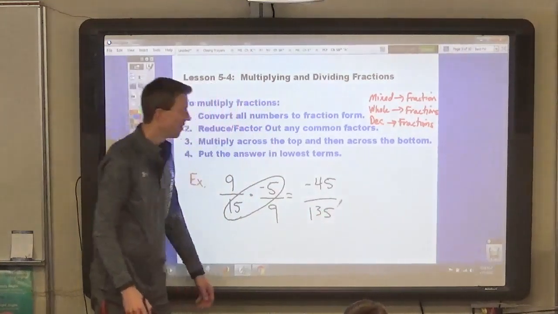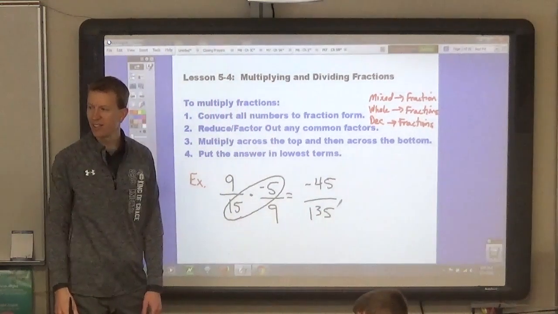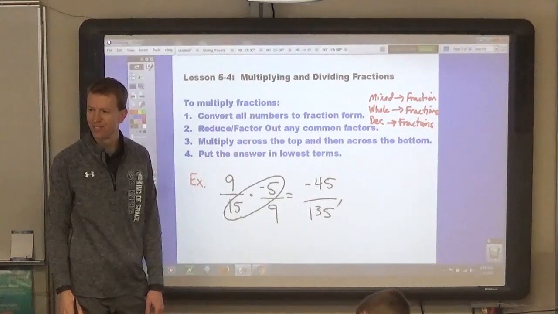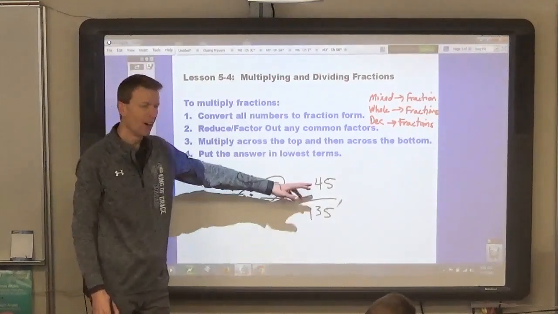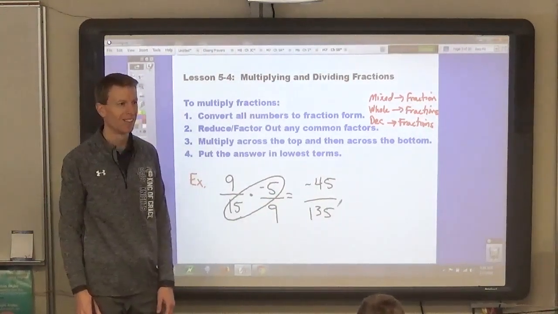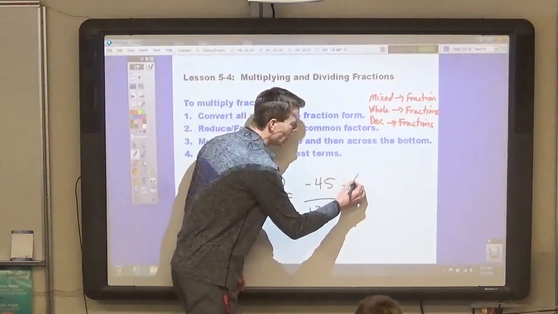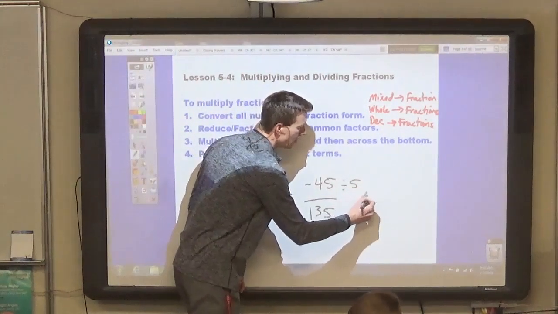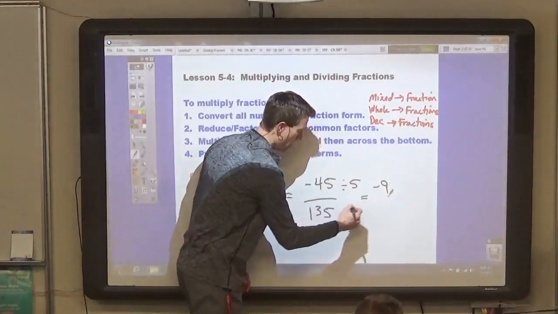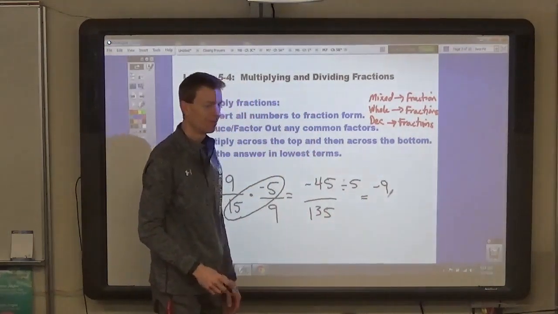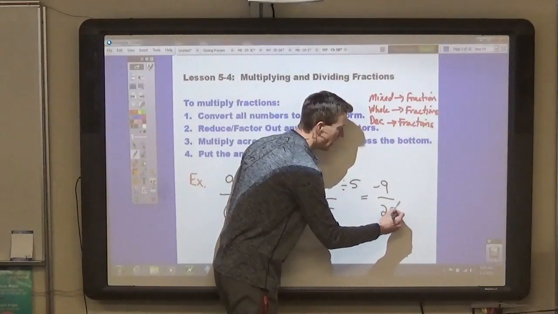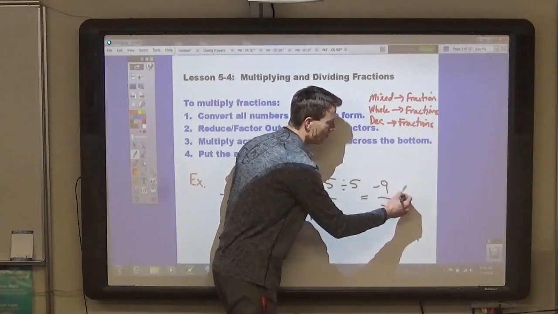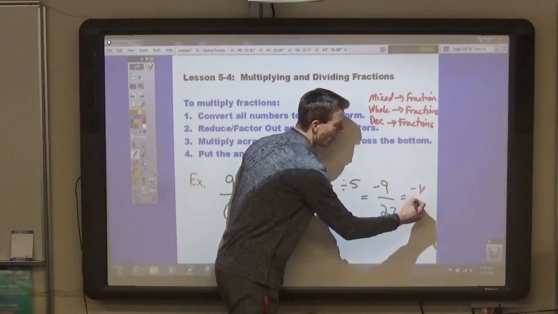Then reduce it. What are you going to take out? 5. So then divide both by 5, and that's -9 over 27. Then reduce it again. So -1 over 3.